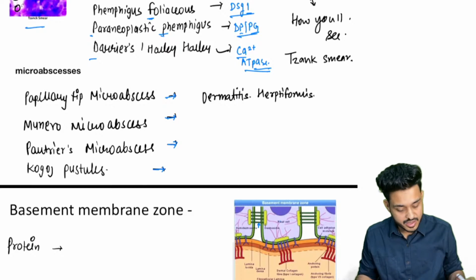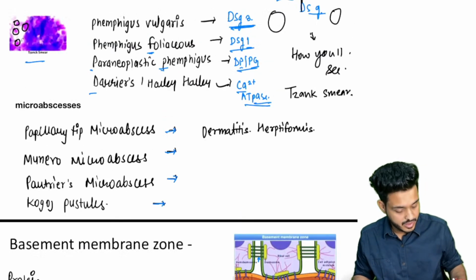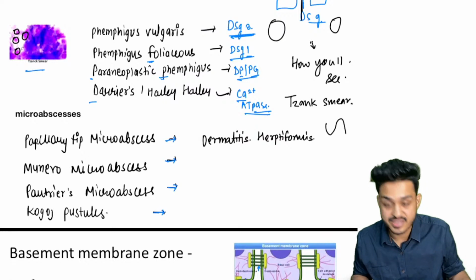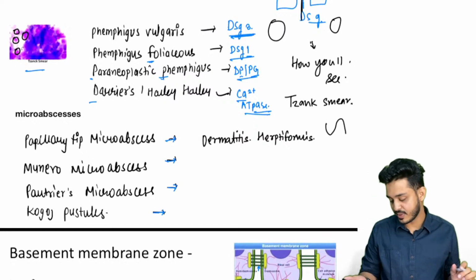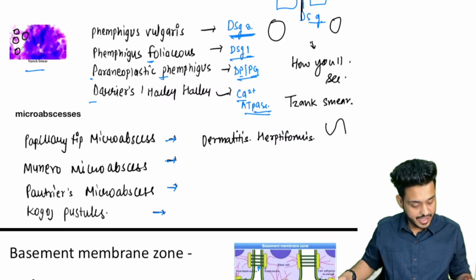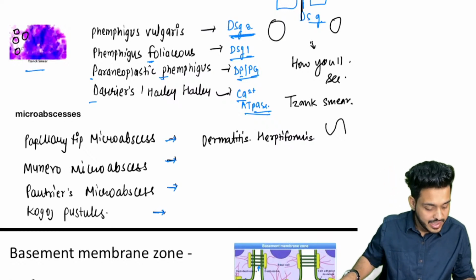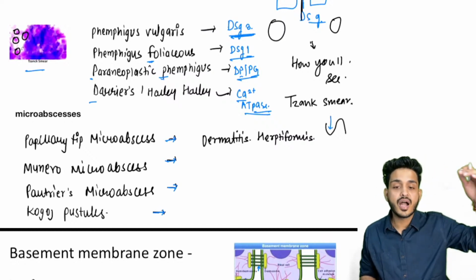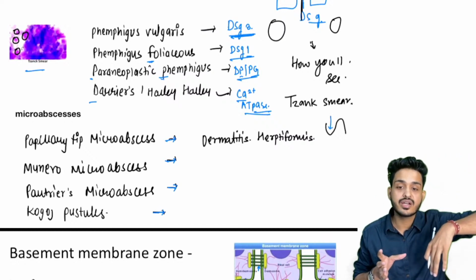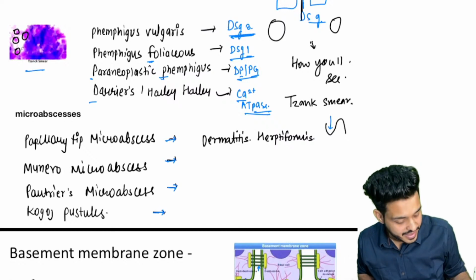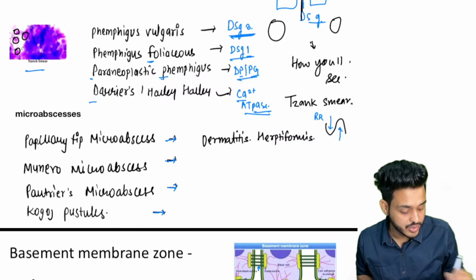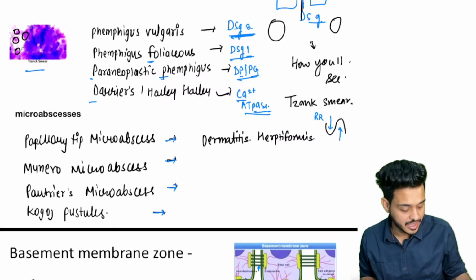अभी हम लोगों ने पढ़ा था थोड़ी देर पहले, we have studied about the dermal papilla and rete, right? The part of epidermis which is going into the dermis is known as rete, and the part of dermis that is going into the epidermis is known as dermal papilla.